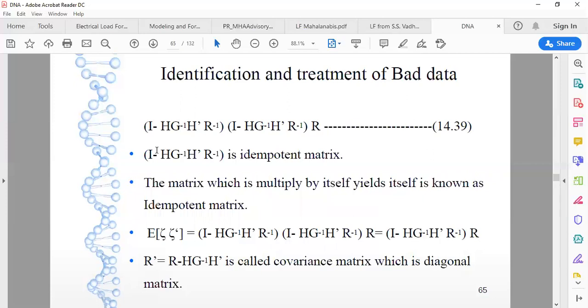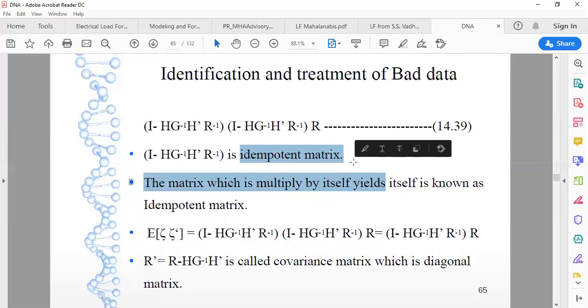Now, I minus H into G inverse H transpose R inverse is an idempotent matrix. Now this is a new term. It is not practically a new term; you have already studied in Math 3 what an idempotent matrix is. An idempotent matrix is defined as a matrix which, multiplied by itself, results in itself. What does it mean?